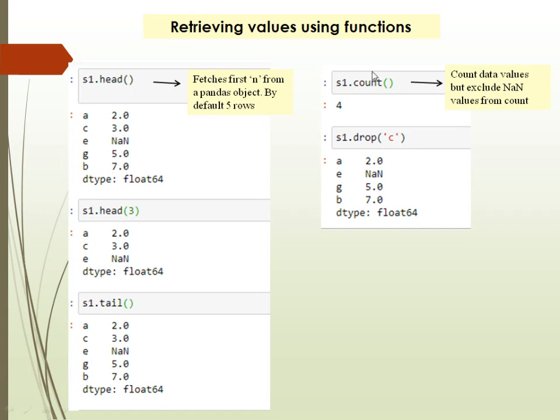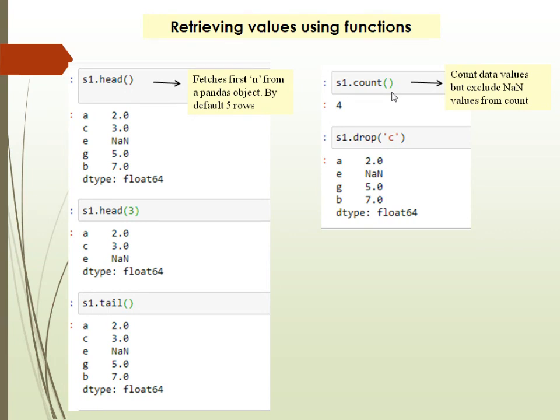So next one is s1.count. The s1.count function will count the number of values present in the series. But children, it will exclude all the NaN values. So you must remember, NaN values are excluded in this whole scenario. Clear?